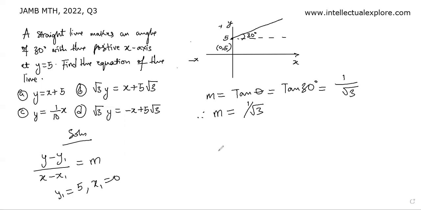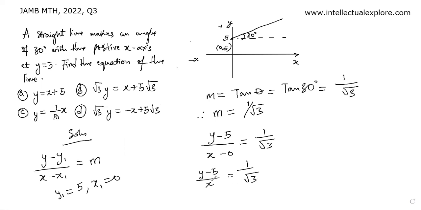So forming this equation now, that will be y minus 5 divided by x minus 0 equals the gradient, and what is the gradient? 1 over root 3. So if you do this better, that will be y minus 5 over x, as the 0 will disappear, equals 1 over root 3.